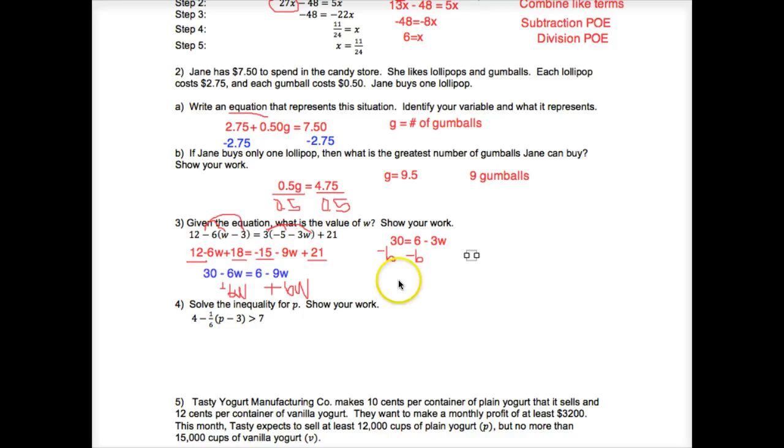So when I do that, that's going to give me 24 on the left side and -3W on the right. Final step then is to divide both sides by -3, which is going to give me -8 equal to my W, which is the solution I had listed.